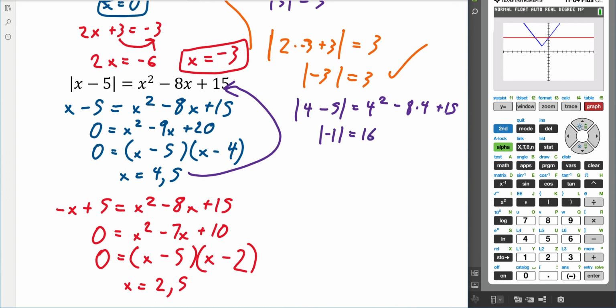This is 16 minus 32 plus 15, which is 31 minus 32, which is like saying negative 1. And since that is not equal, this one is extraneous.